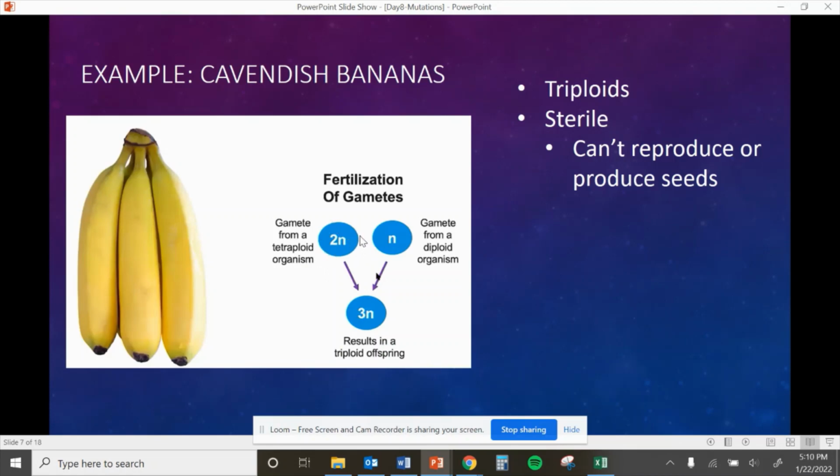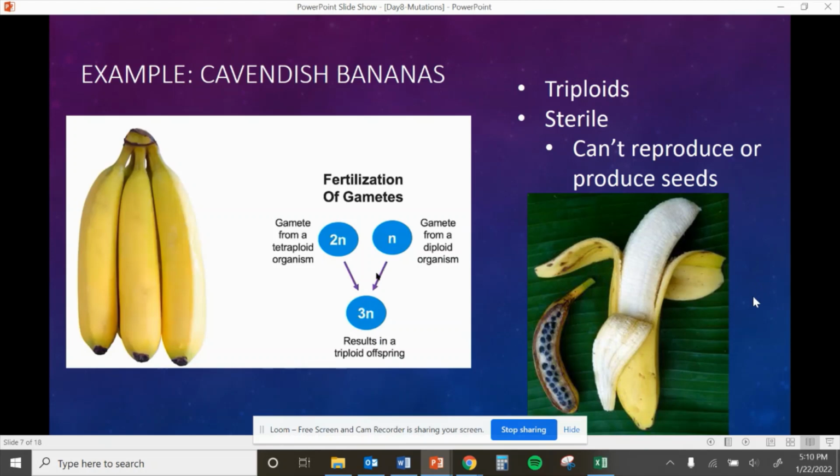It's because we crossed a diploid gamete and a haploid gamete, which causes a triploid. This is what a Cavendish banana looks like. It's the banana we're typically used to, but naturally bananas would occur like this. The benefit of doing this is that they don't have seeds, so we don't have the seeds in the bananas.